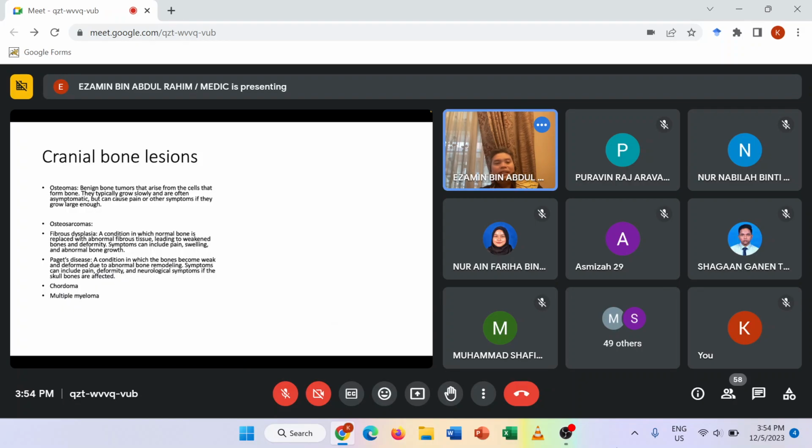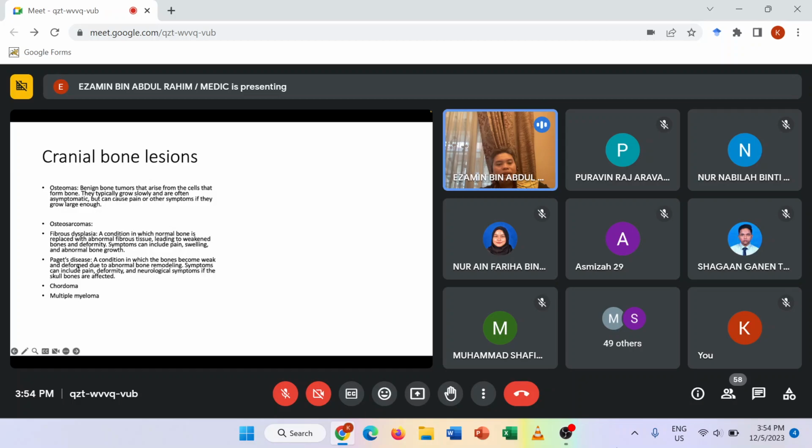Right. Okay, we go to the cranial bone lesion. Basically osteomas, osteosarcoma. I think osteosarcoma is malignant, osteomas is benign. Fibrous dysplasia means your bone tissue is being replaced by fibrous tissue. That's all. Causes unknown.